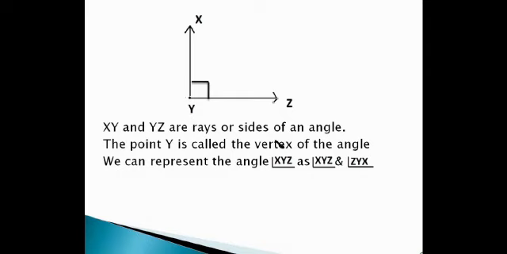So this point is called the vertex, which I will name as Y, the top line I will name as X, and the side line I will name as Z. So XY and YZ are the two rays, or the sides of an angle. The point Y is called the vertex of the angle, and we write this angle XYZ as angle XYZ or ZYX. Now you can see that Y is in the middle of the other two alphabets.